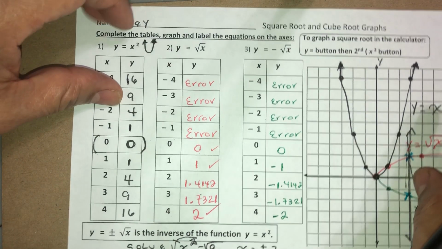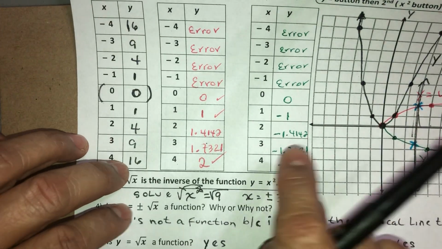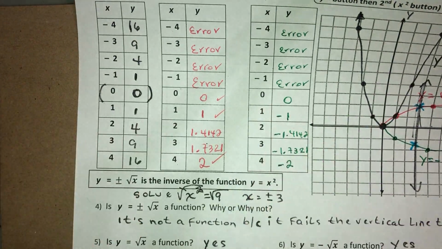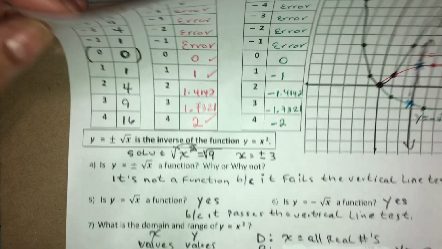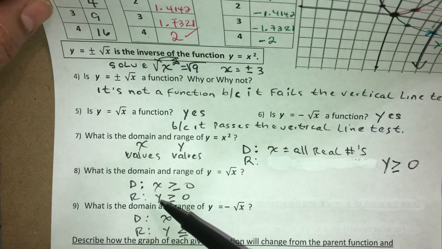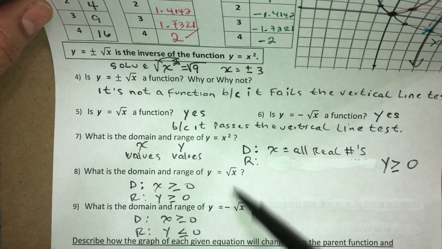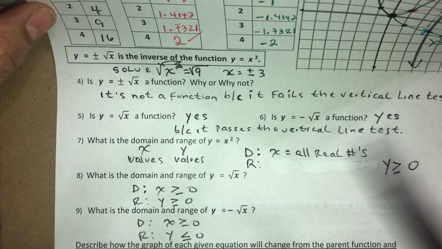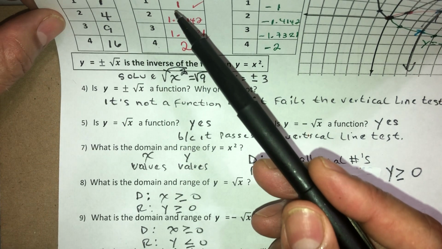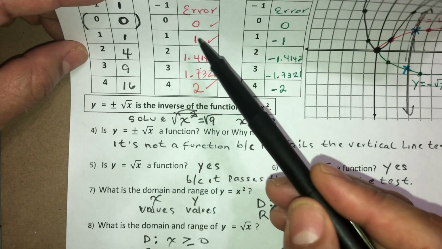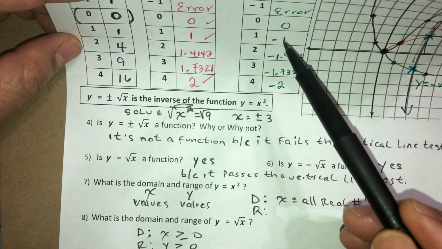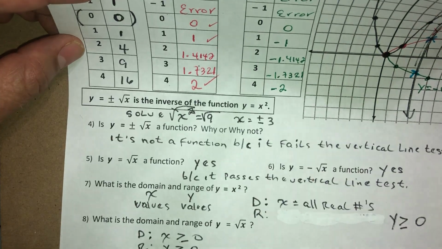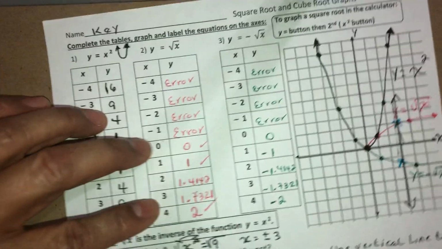So as you know here, right guys, the domain is going to be the same for the positive and the negative root. But the only one that's going to change is the range, because in here, on the positive side, it goes to positive infinity, as you can see from the table, and on the negative side it goes to negative infinity. You can also see this in the graph, okay?